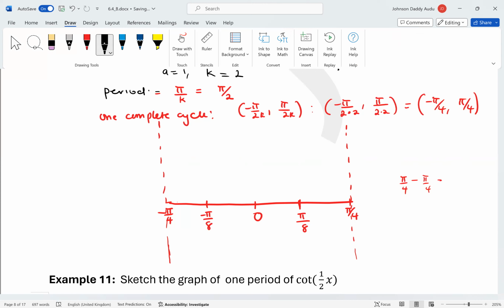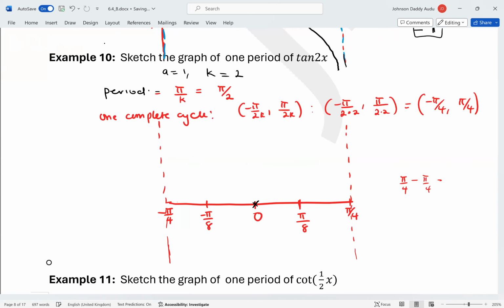Since this is the graph of tan, the midpoint will be your x-intercept. When you move to the right, okay, so let's draw our y-axis. What is our a here? Our a is still 1, so this is still 1, and this is still minus 1. So if you move to the right, you'll have the point here. Let me bring this down a little, 1, and also minus 1.